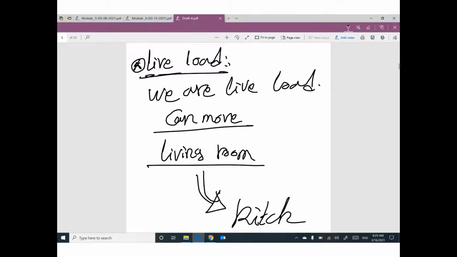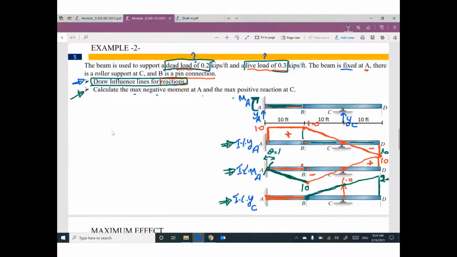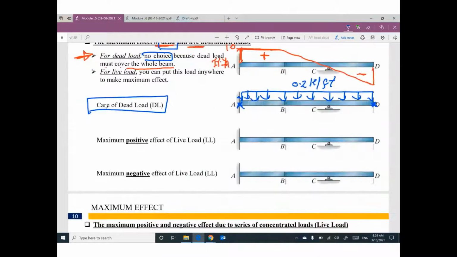Live load looks like trucks. Your trucks can be at the beginning of the bridge, a few seconds later at the middle of the bridge, a few minutes later at the end of the bridge. So live load can move. Can you tell me where I can put live load to get the maximum positive effect? It's very easy.